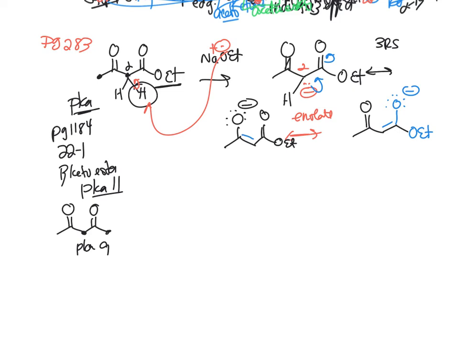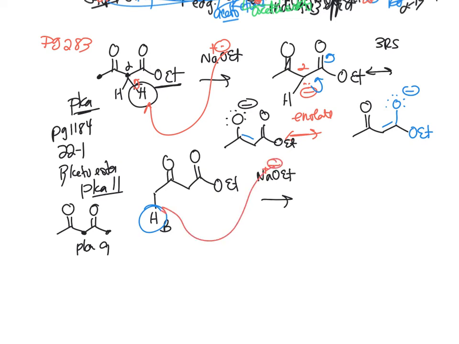All right, so then your next one where you could have taken off the other alpha hydrogen. Okay, so they're showing you B. What if you took this one and made your enolate? Okay, so you draw that. All right, and then you draw your resonance structure.